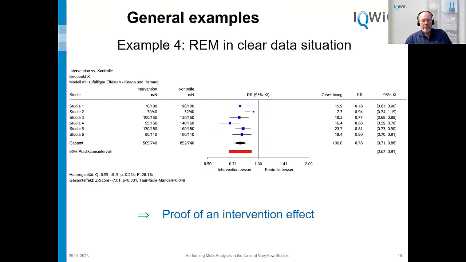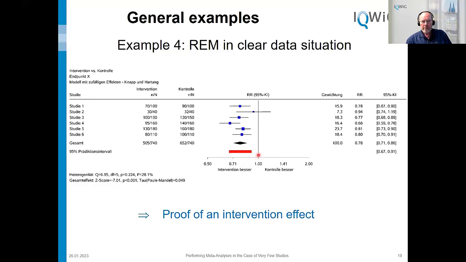Example 4 is an application of the random effects model in a clear data situation. Most studies are significant. Of course, the pooled effect estimate is significant. And you have the prediction interval showing that there is some heterogeneity.